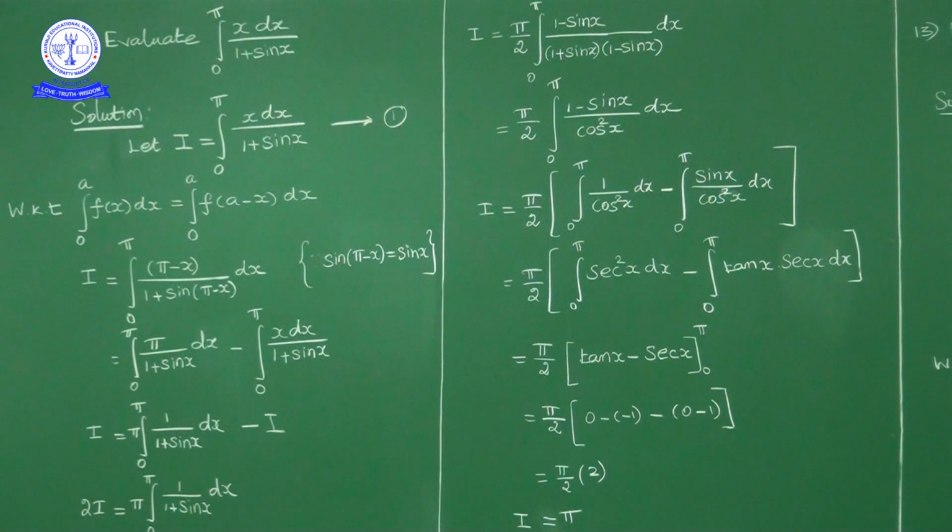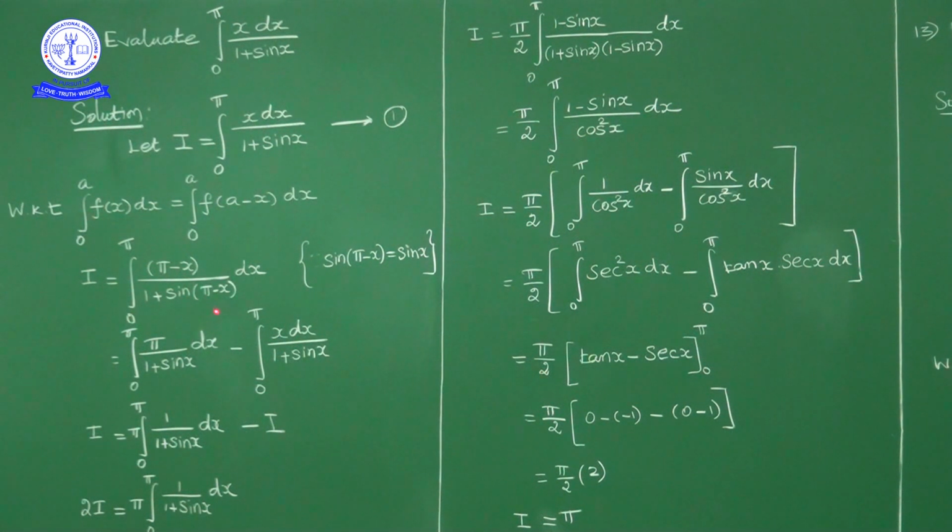By using this property, from 1 we can write I is equal to integral 0 to pi, x is replaced by, what is the upper limit here? Pi. Lower limit is 0, upper limit is pi. So replace x by pi minus x. So the numerator x dx we write as pi minus x dx upon 1 plus sin x. Sin x we write as sin of pi minus x.